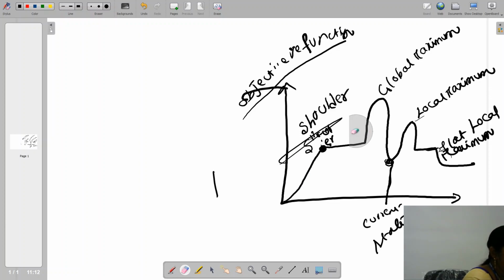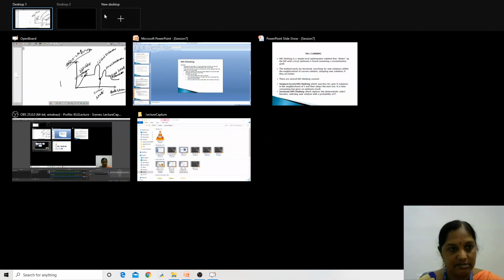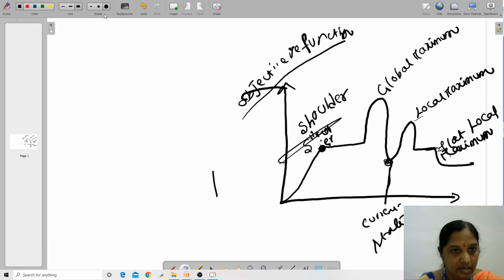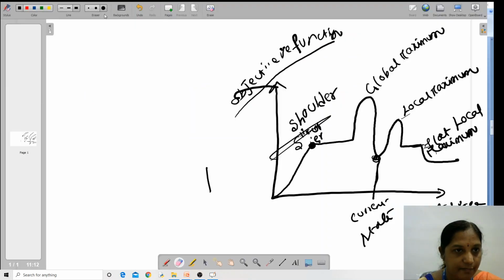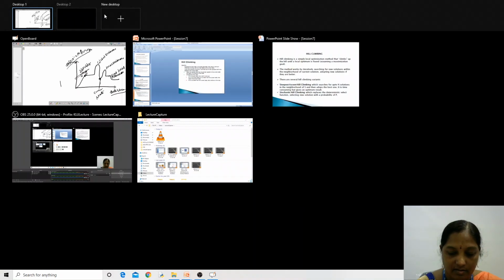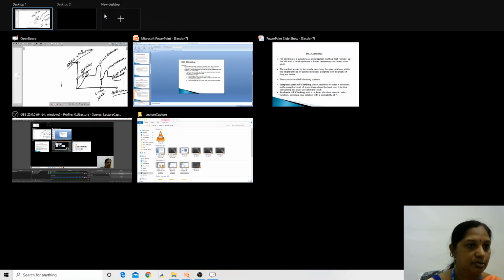Okay, once this is clear, we are going to the next algorithm. What are the different kinds of hill climbing techniques? Simple hill climbing, steepest ascent and stochastic, and random restart is also there.